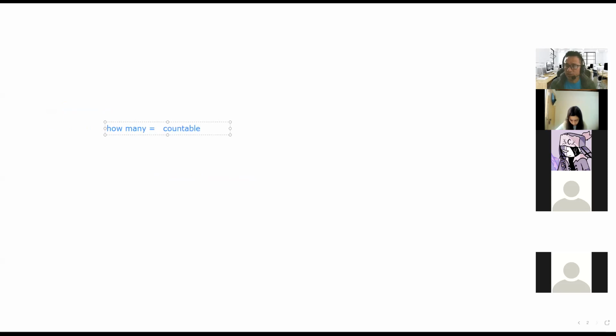Countable means 1, 2, 3, 4, 5, 6, 7. First, you need to know what it means, how many, cuánto o cuántos. It could be singular or plural, yes? And how much? Uncountable. We studied this last class.